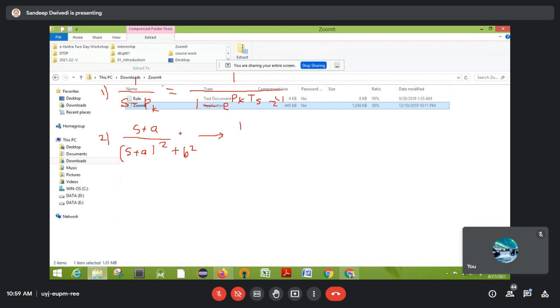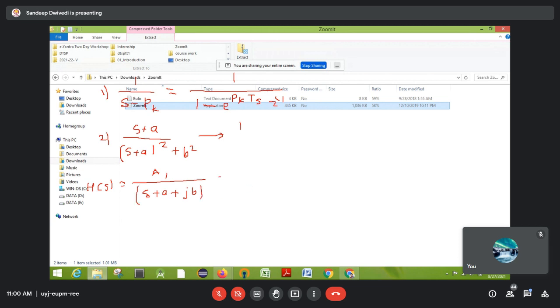If you want to take the proof of this, how can you start? Take this as H of s, and for the partial fraction, you can write this as A1 upon s plus a in one bracket plus jb, and in another bracket you take s plus a minus jb.